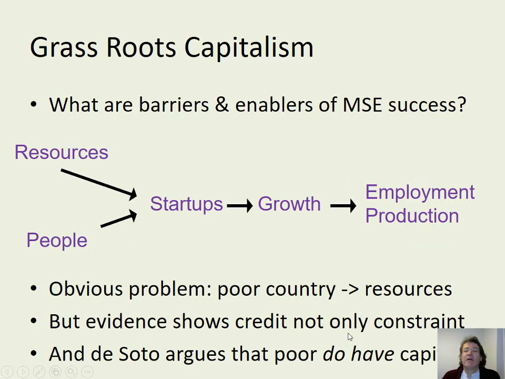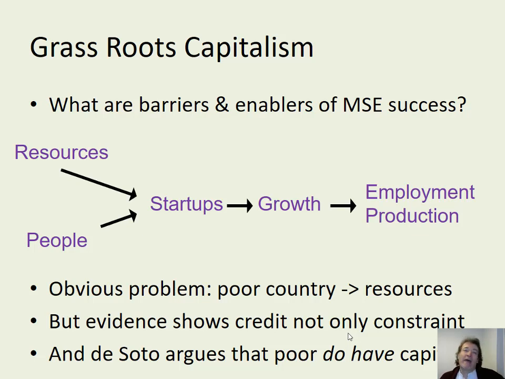Okay, so this is maybe a useful schematic to bear in mind when we're listening to this lecture, thinking about what are the different factors and processes we're talking about. So a simple picture here is that the ultimate aim is to increase two things: employment, to generate jobs for people, and production, to produce benefits for society in terms of goods and so on.